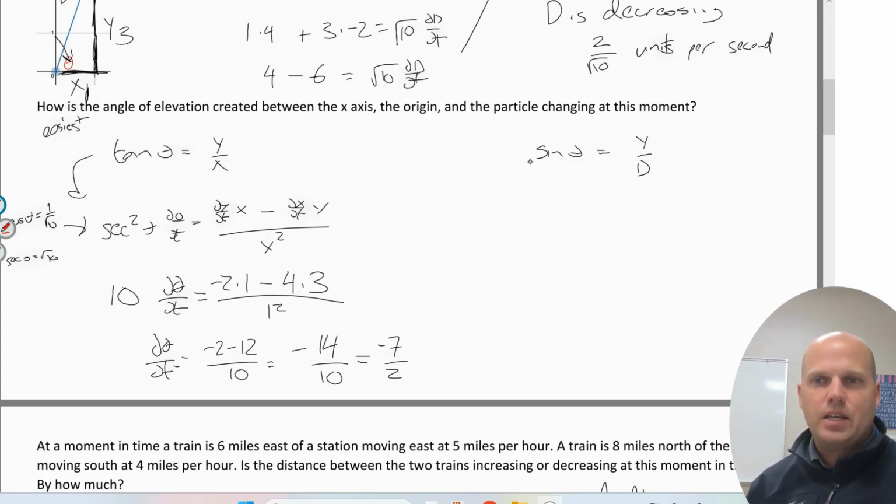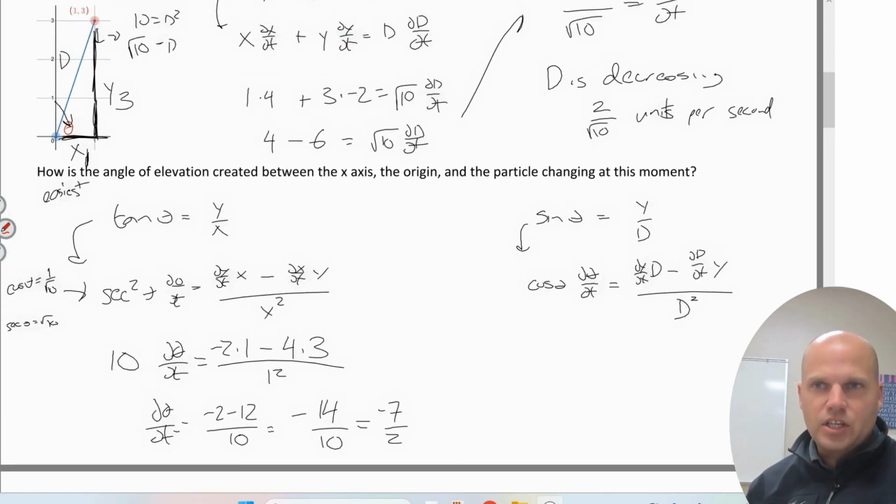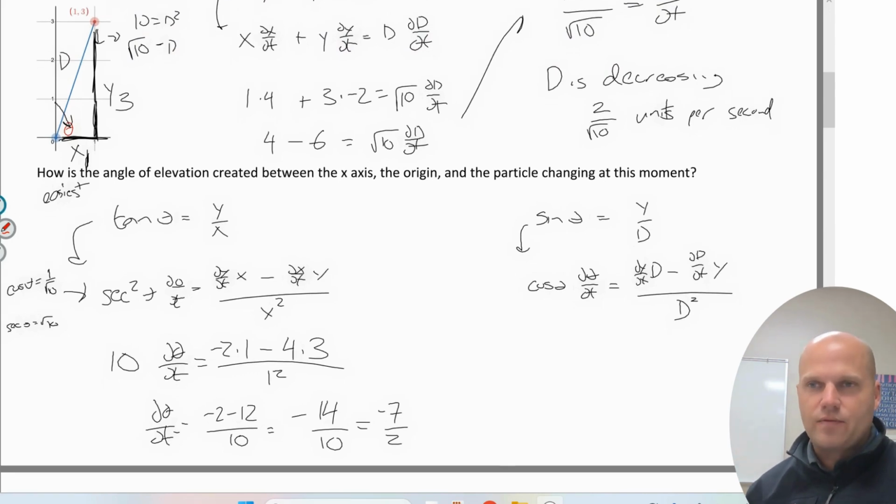Let's see how we can get that answer using sine. I get cos theta d theta dt equals dy dt times d minus dd dt times y, all over d squared. Okay, cool. Now this is easier because you have the cosine of theta. You don't have to worry about the secant squared theta. Cosine of theta is 1 over root 10.